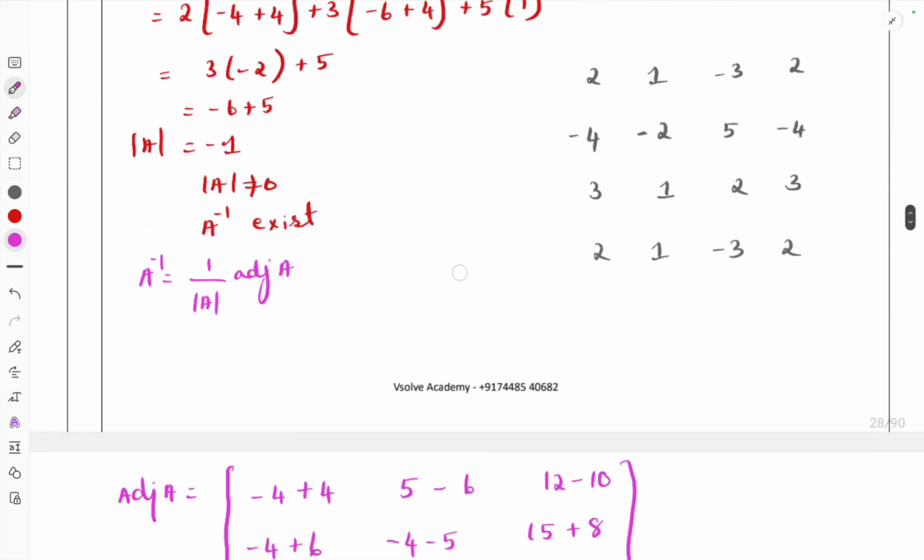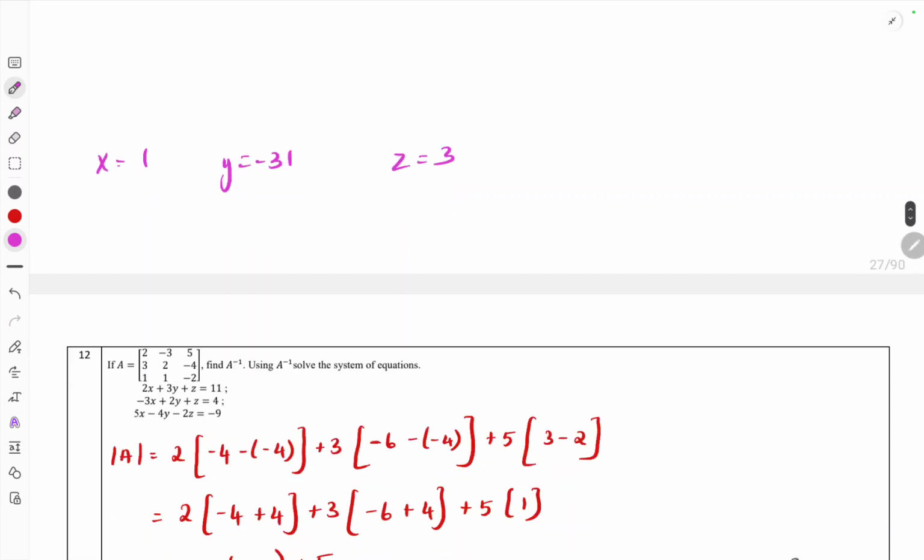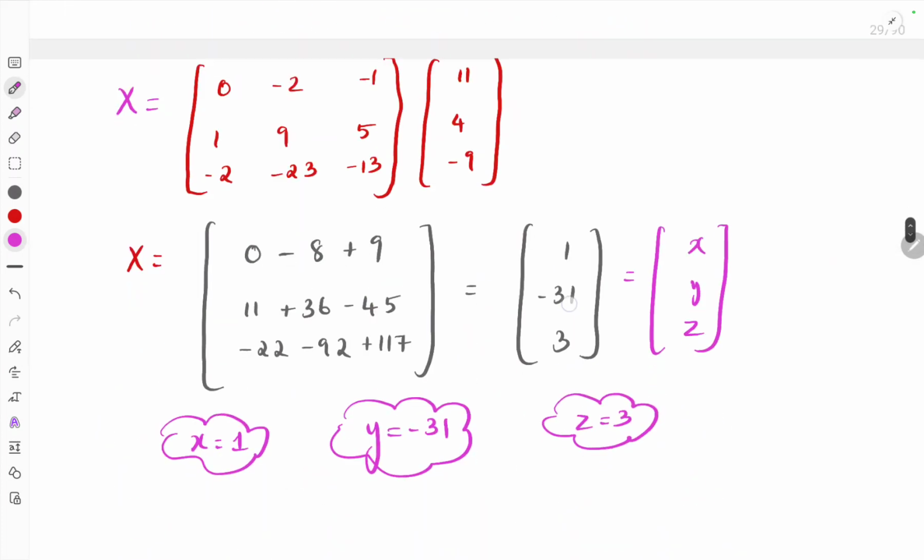In the first equation, if I substitute this, it will be 2 into 1 plus 3 into minus 31 plus 3, which is equal to minus 88. But here we have only 11, which means some mistake in calculation we have.